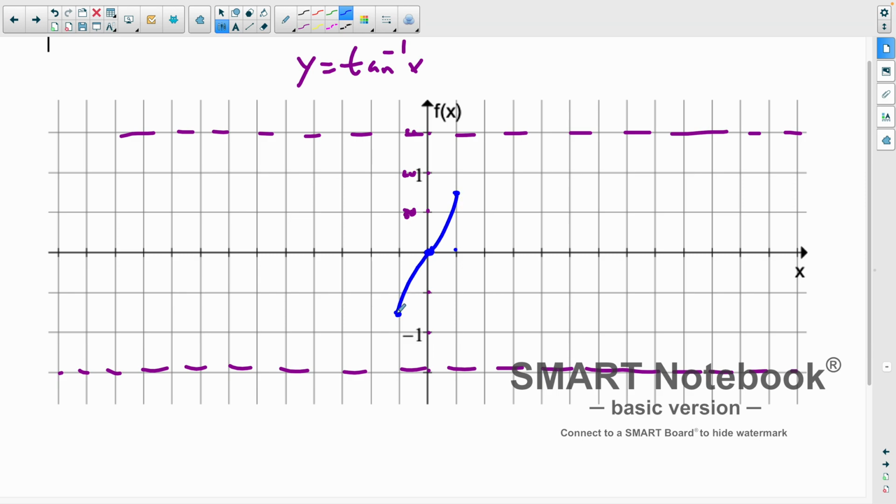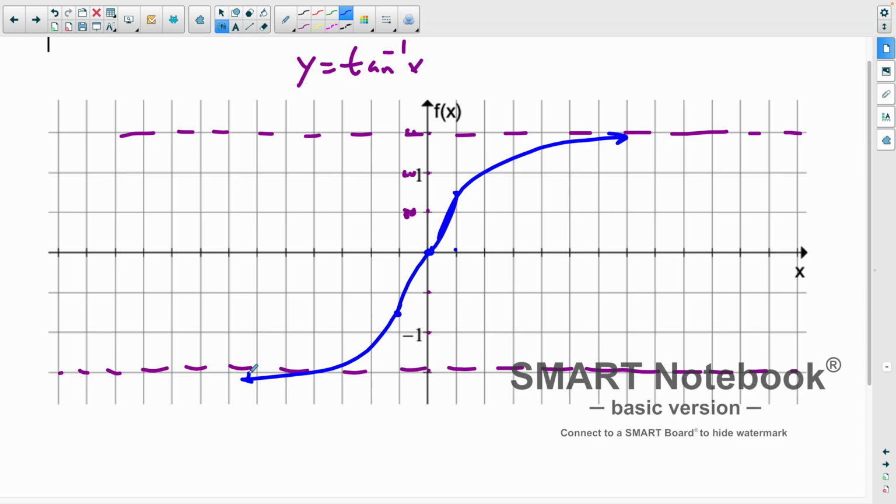This one goes more, but it's going to flatten out because it's going to hit that asymptote. Didn't do a very good job of drawing that, sorry. The tangent and the sine and the cosine have a lot of commonalities, but the tangent is a lot different as well.